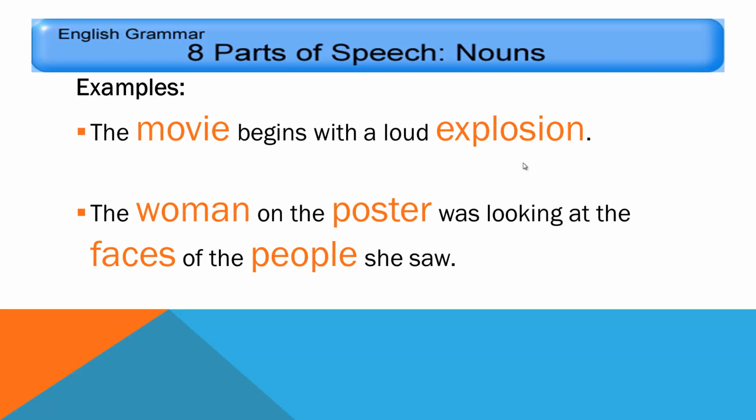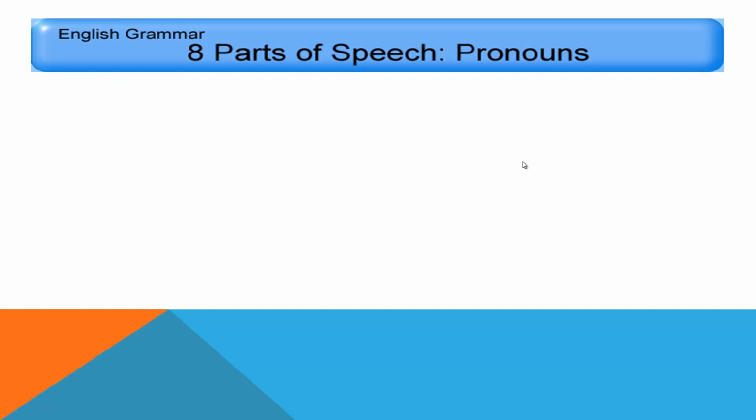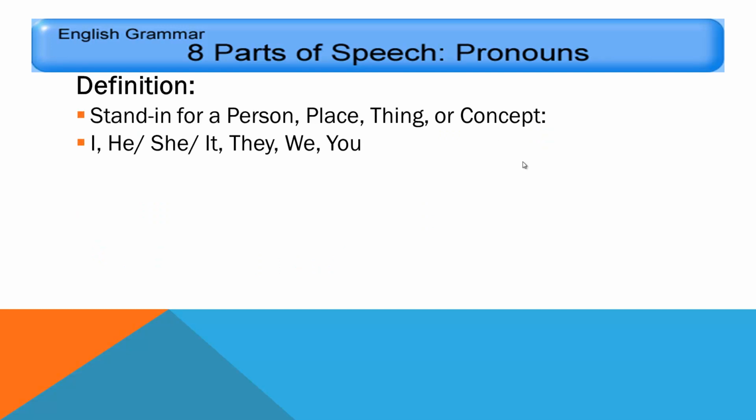You'll notice that in this sentence, both the word movie and explosion are things. In the next sentence, the woman on the poster was looking at the faces of the people she saw. Woman, poster, faces, people, all of these are nouns.